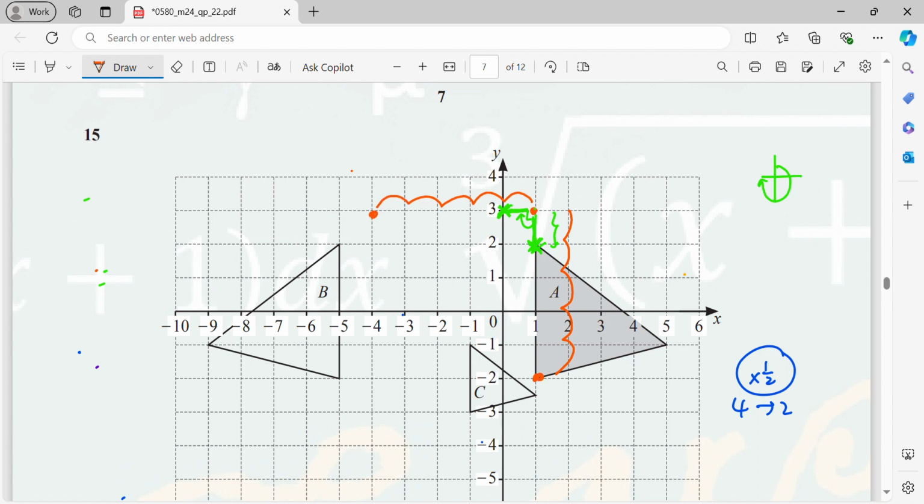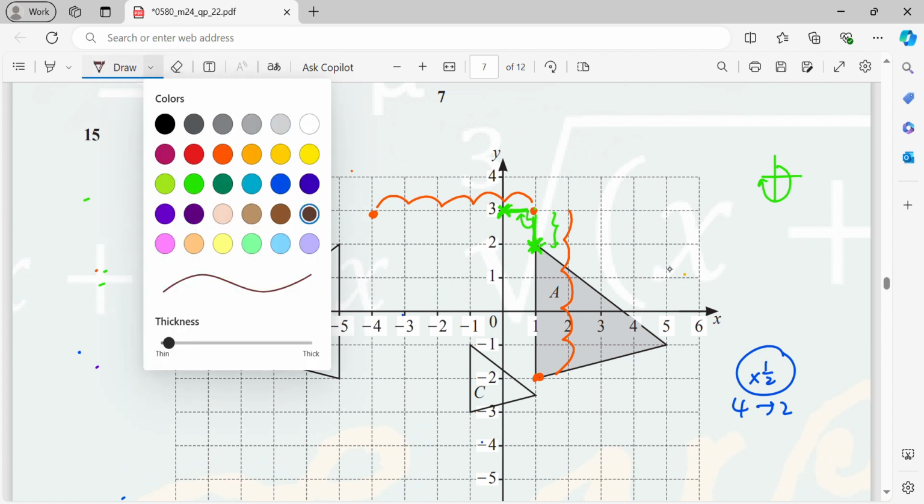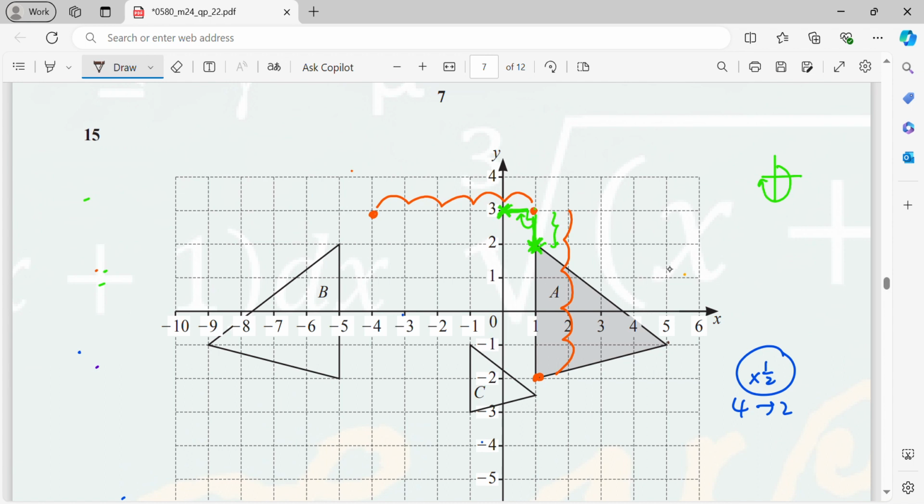Okay, so you just calculate. And then next is this point. So now from this point, you can just calculate first. So from here, 1, 2, 3, 4, 4 units to the left side, and then 1, 2, 3, 4, 4 units up.